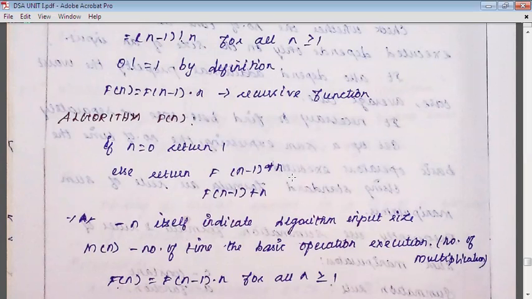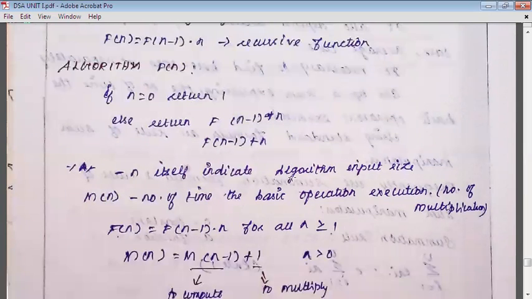So n itself indicates the algorithm's input size. M(n) is the number of times the basic operation is executed. Here the basic operation is multiplication, so we count the number of times multiplication occurs. So f(n) equals f(n minus 1) into n, the factorial value for all n greater than or equal to 1.